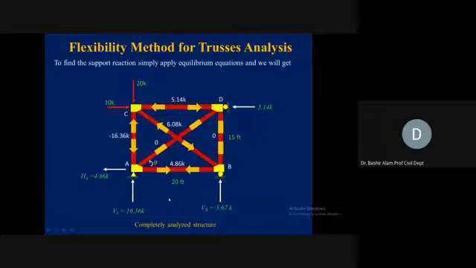So ASR will come from the U values, the first column and the second column. So this is your assignment: use the matrix approach and find out the vertical and horizontal reactions at A and the vertical reaction at B.